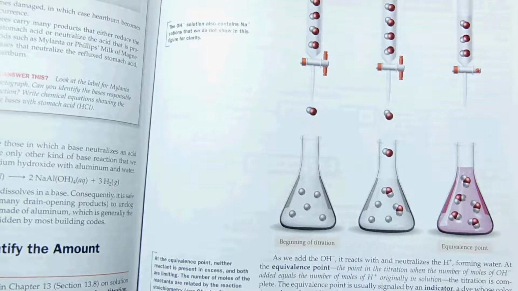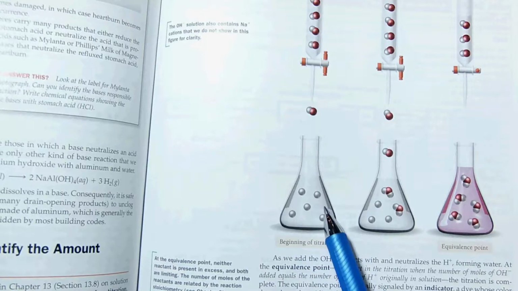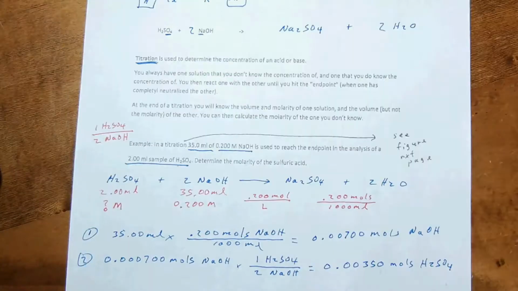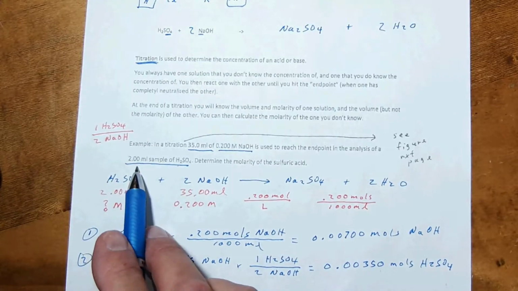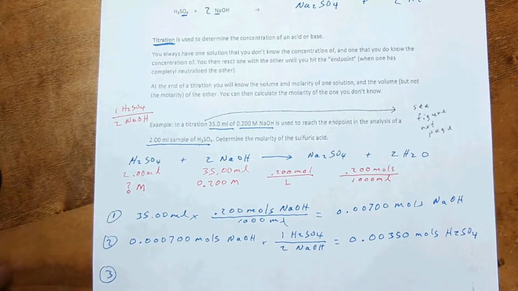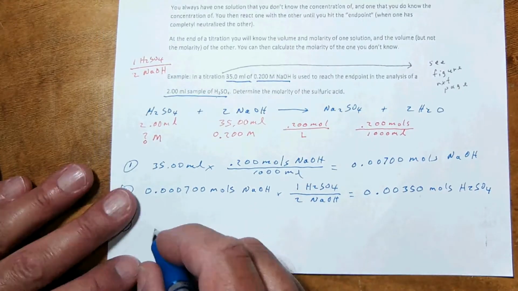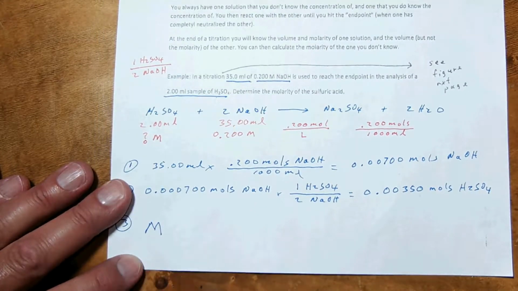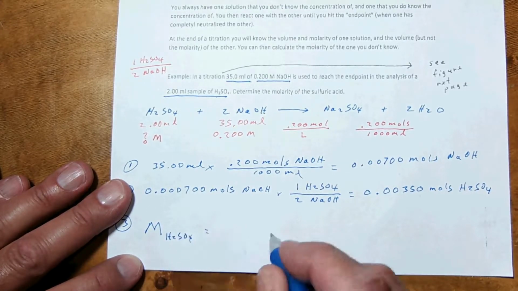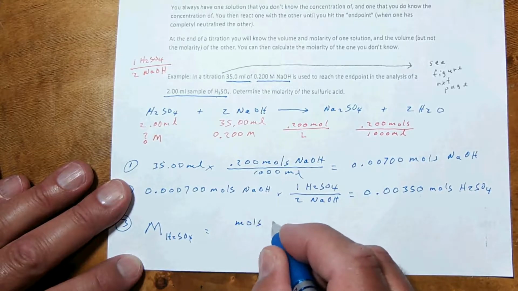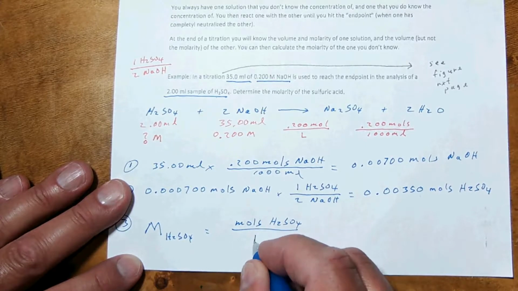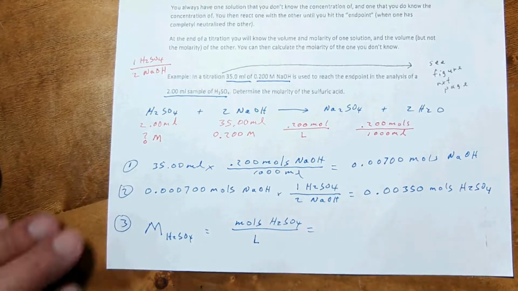What the problem's asking is, what's the concentration of sulfuric acid here? Oh, hey, that many moles of sulfuric acid came from a 2 milliliter sample, right? So the third step here is to simply find the molarity of our acid. And by definition, molarity is moles of the acid, moles of the H2SO4, divided by liters.